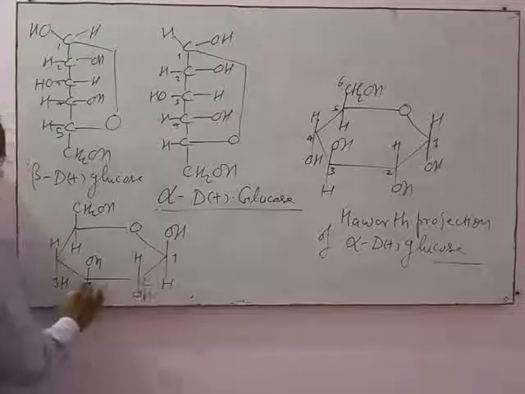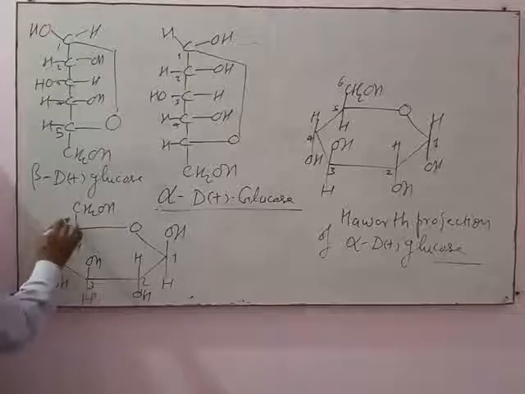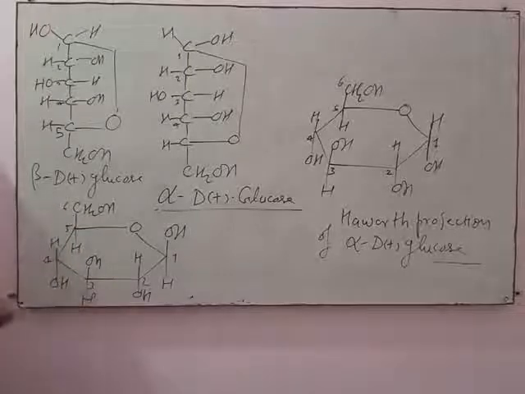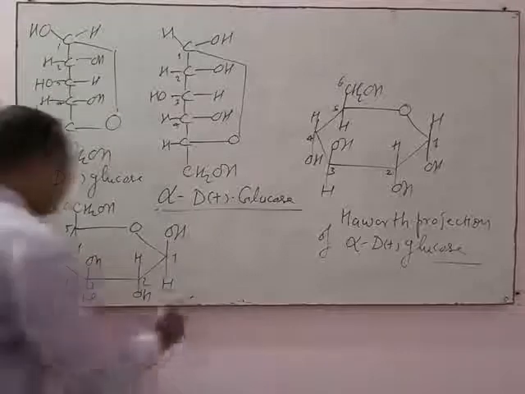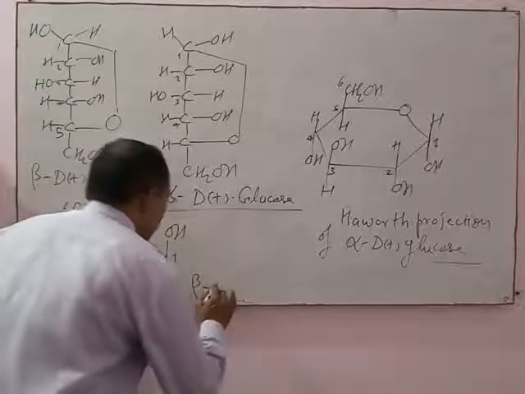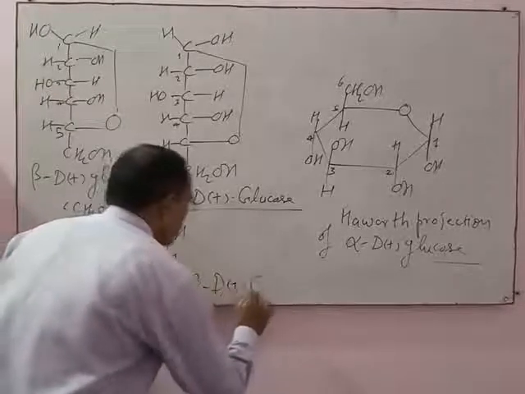First, second, third, fourth, fifth, and sixth. So this is the Haworth projection of beta D plus glucose.